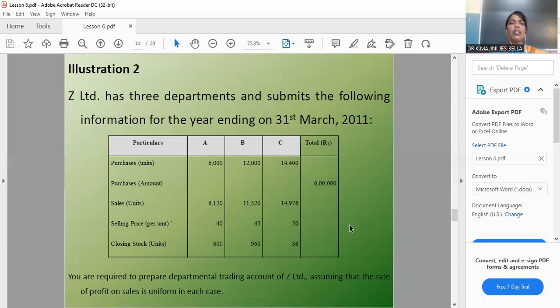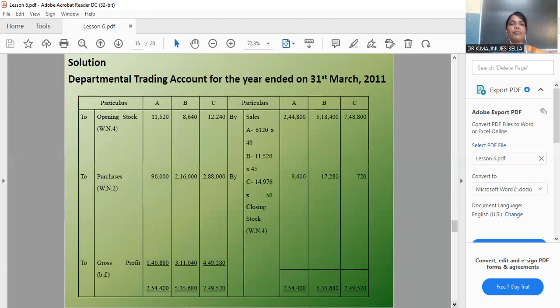Then closing stock is given in units: Department A 600 units, Department B 960 units, Department C 36 units. You are required to prepare the departmental trading account of Z Limited, assuming that the rate of profit on sale is uniform in each case.